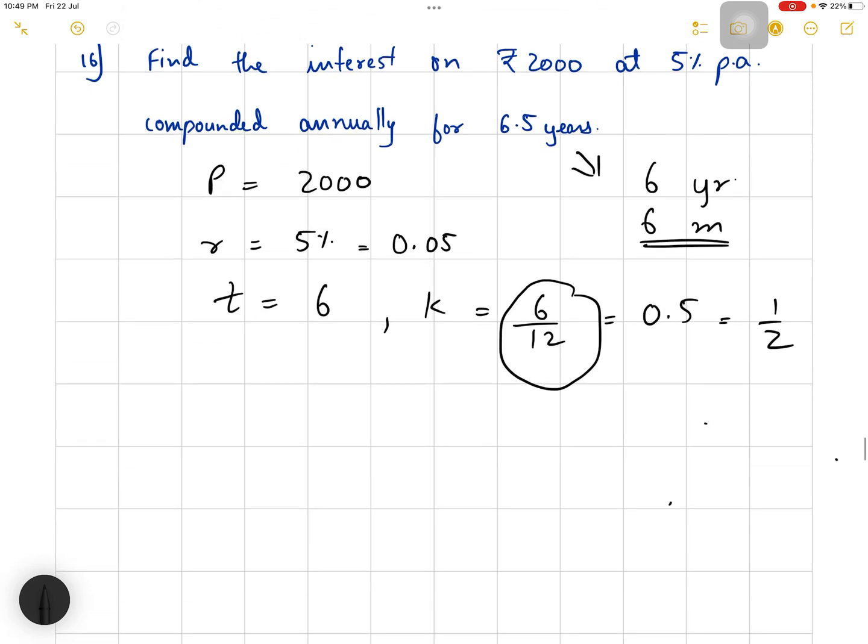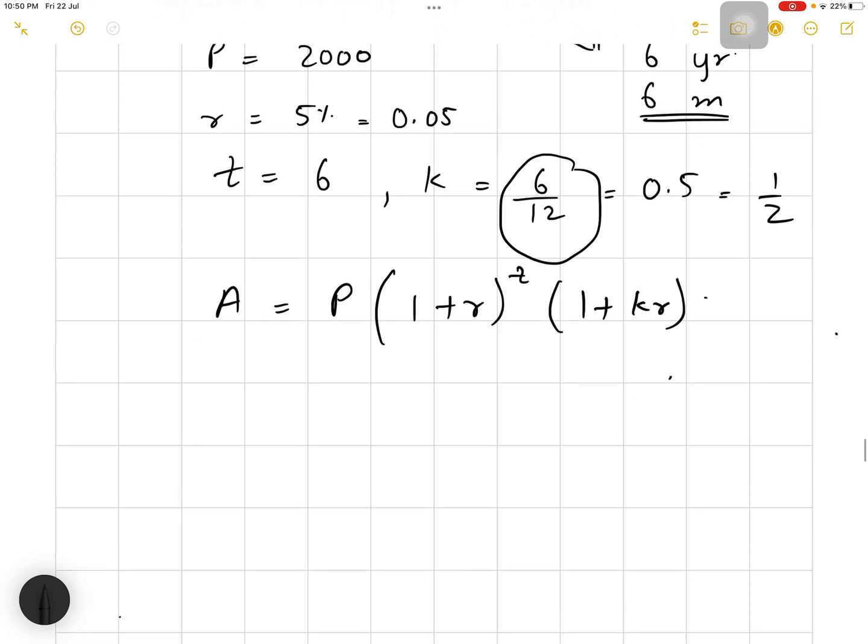Now let's start. So the formula is A is equal to P into 1 plus R raised to T into 1 plus KR.